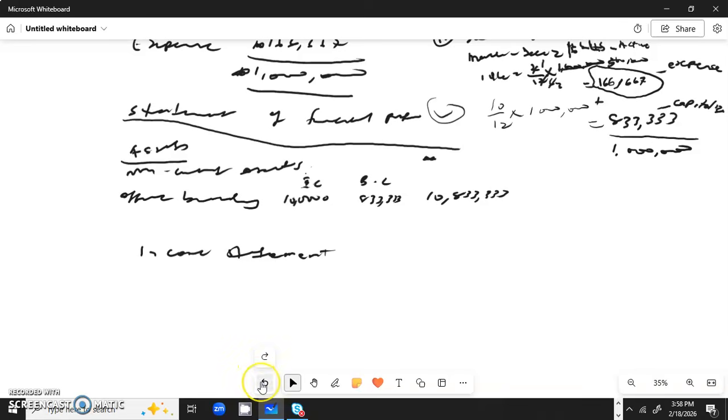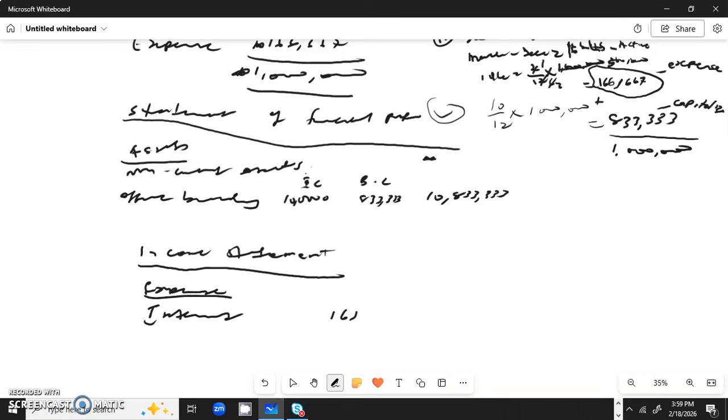What we are simply saying is that in our income statement, under expenses, we're going to recognize interest. Interest is going to be 166,667. So what we're going to recognize in the income statement is 166,667 under the expense.